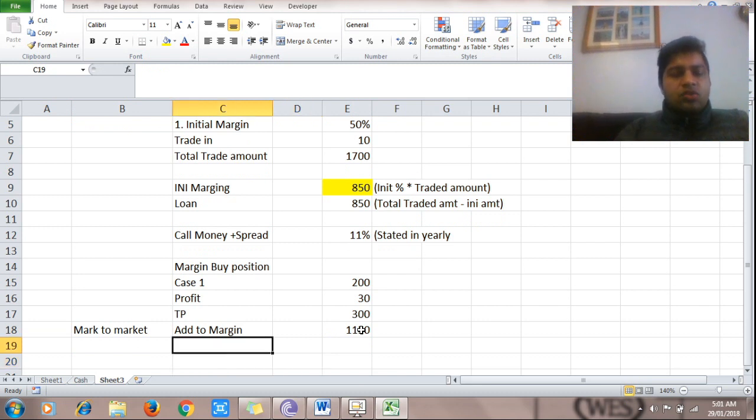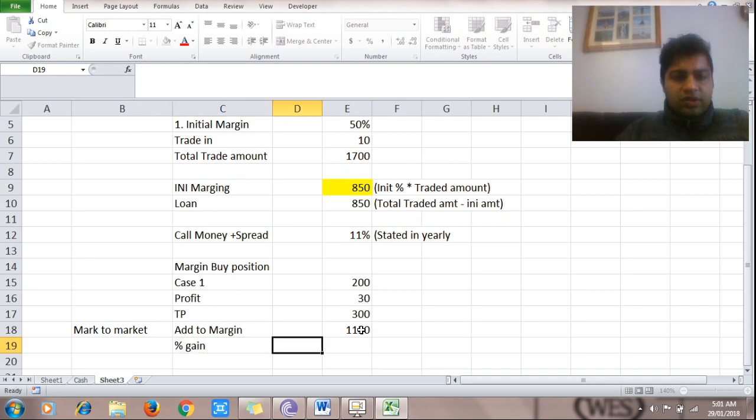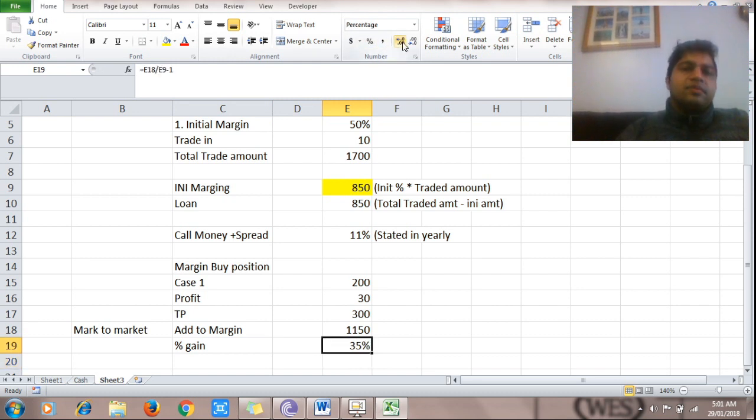So the percentage gain that you have got is, you got 1150 at the end of the trade divided by $850 that you invested. So your percent profit is somewhere around 35%.